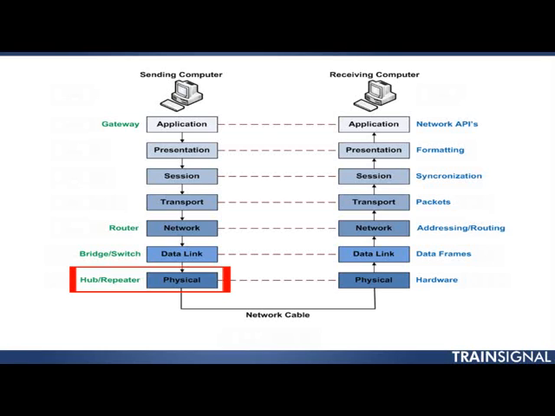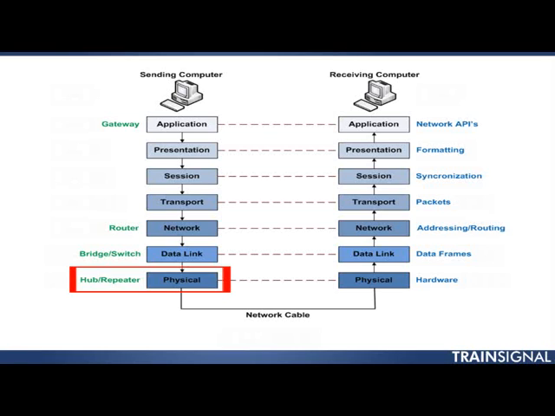These are two very basic pieces of networking hardware that have extremely limited functionality. As a matter of fact, the functionality of a hub and a repeater is so limited, you don't even see them very often in today's networks. In both cases, whether it's a hub or a repeater, there's no brains involved, meaning a hub will grab hold of the data and its sole responsibility is to retransmit it out to all other connected devices.